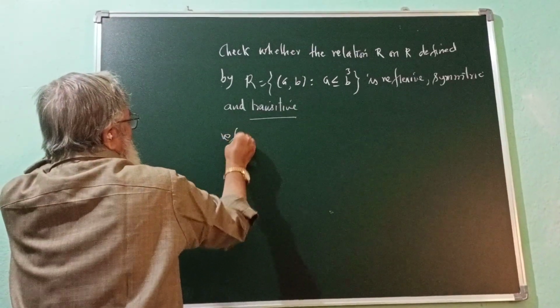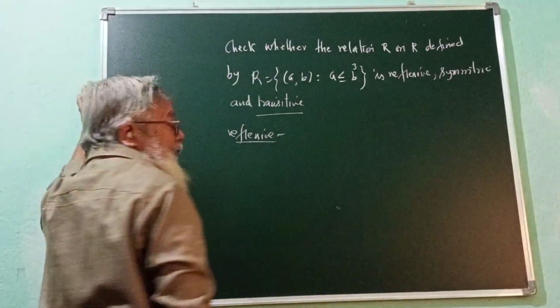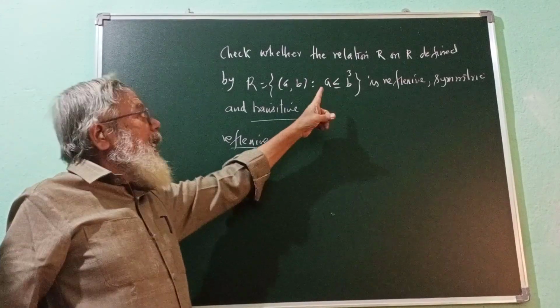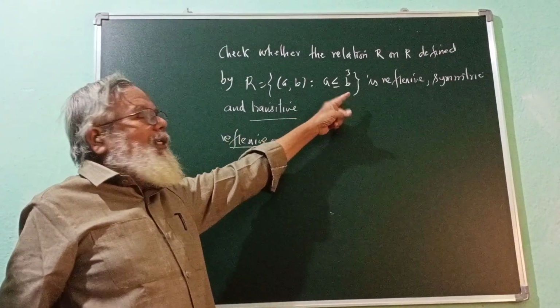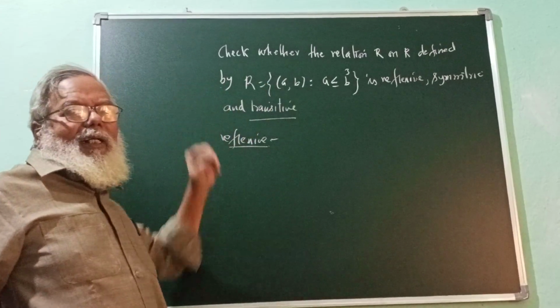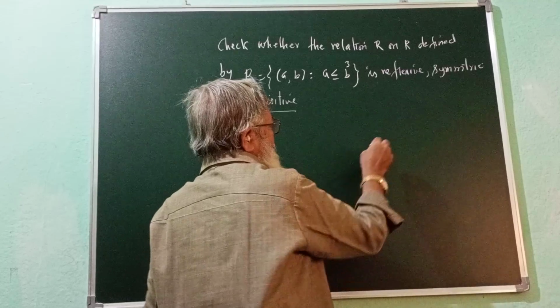Now, first let us check for reflexive. If it is reflexive, then according to the given condition, a must be less than or equal to a cubed, and then we can say that (a, a) belongs to R. Let us see whether it is possible or not. Look here.